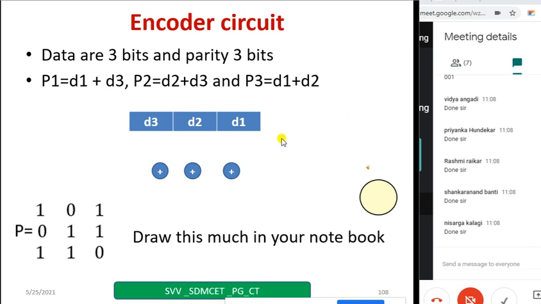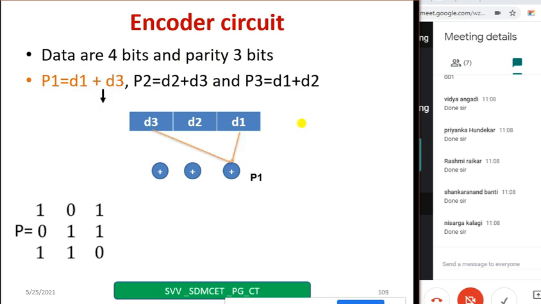Keep your mind, see the screen. Now data are 3 bits, we have discussed. Parity are 3 bits. P1 equal to D1 plus D3. P2 equal to D2 plus D3. P3 equal to D1 plus D2. This we have discussed just now. Now I have to write the encoder circuit.